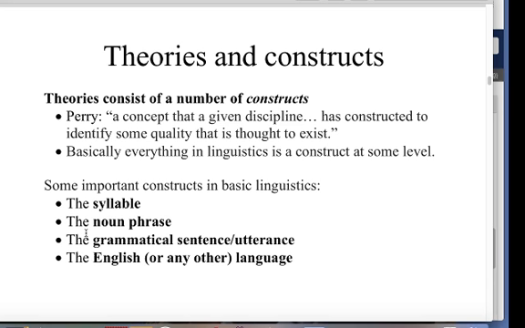And the exact same thing is true of Peninsular Spanish or Brazilian Portuguese or Moroccan Arabic or any other language variety. It's a construct. Right? It's all constructs all the way down.